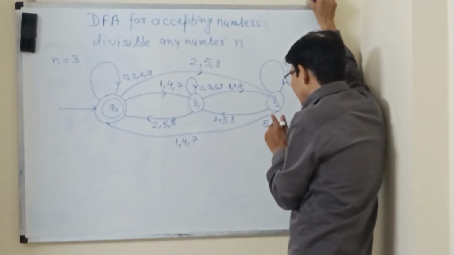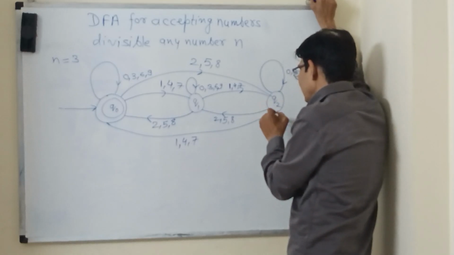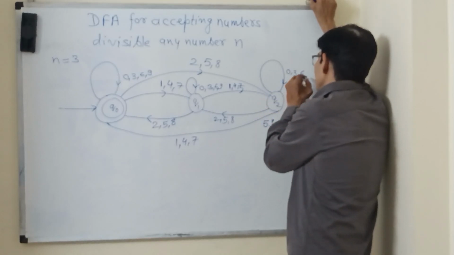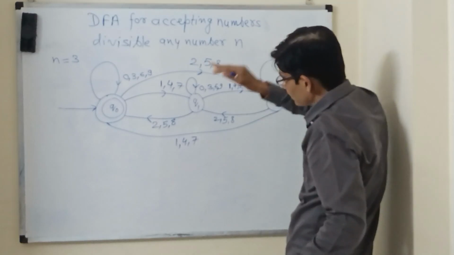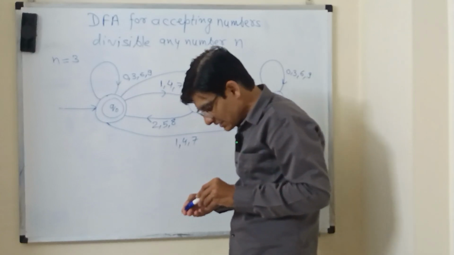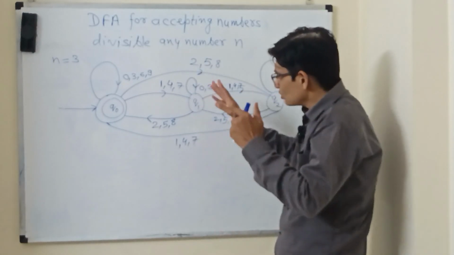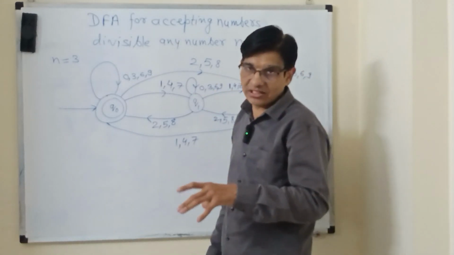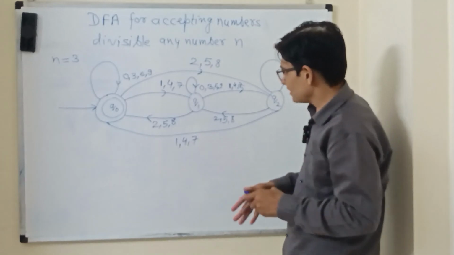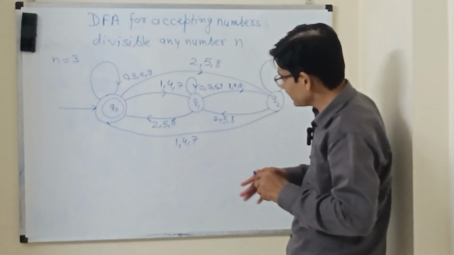And on applying 9, it gives us the remainder 2 only. So we can add one more symbol here like this. Now, for all the states, we have seen all the transitions. So this is our final DFA that accepts all the decimal numbers divisible by 3.